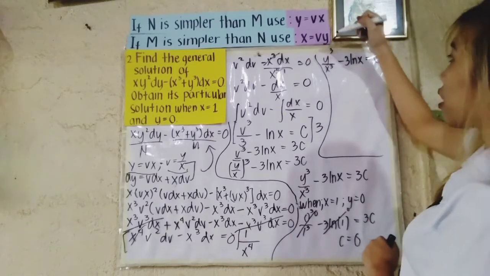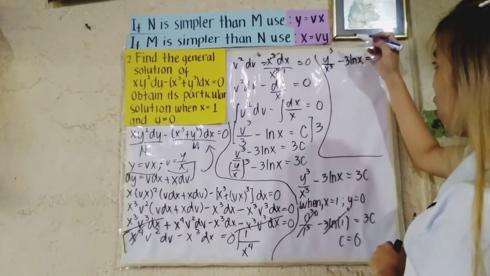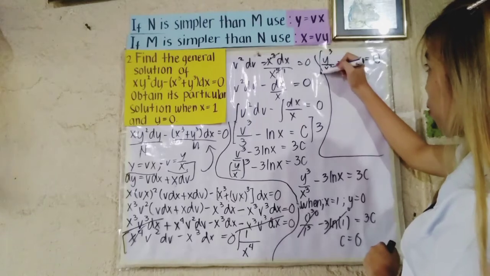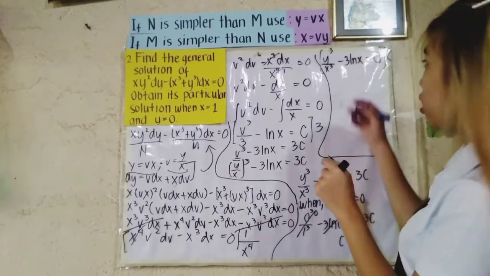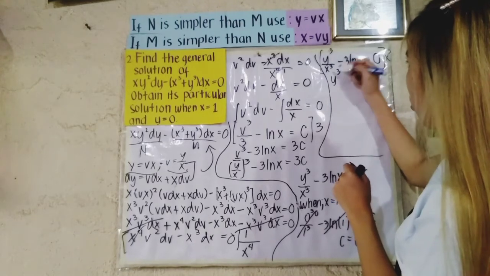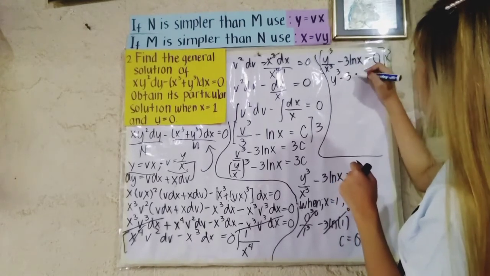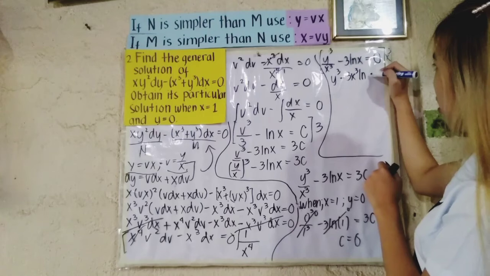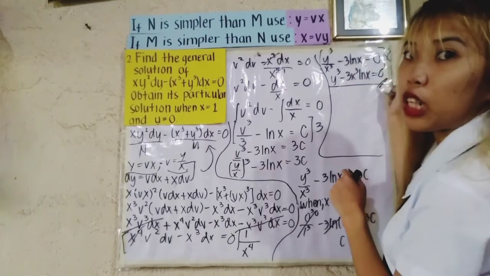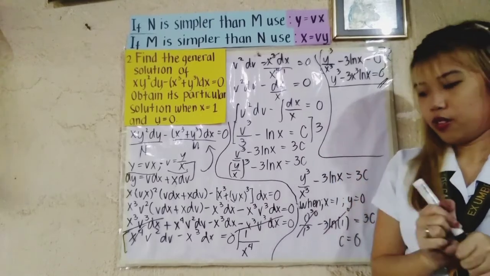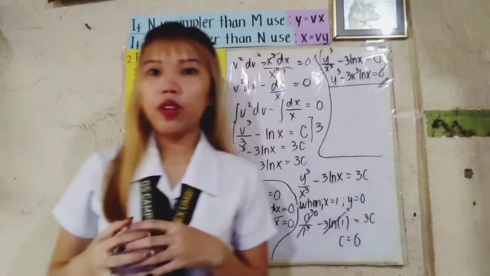Then, para matanggal natin tong x cube, multiply natin siya sa x cube. Para mawala na yung fraction. So, we have here y cube minus 3 x cube ln of x equal to 0. Then, this is our particular solution. So, yun lang po.